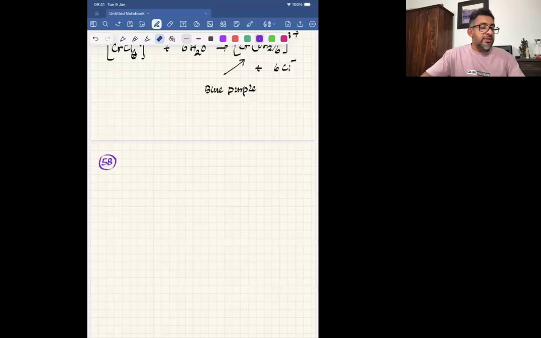C gas reacts with heated magnesium to form a white solid D. D reacts with water to give a gas E, which turns red litmus blue. When A is heated with sodium carbonate, then E gas was formed. When green color B was heated with basic hydrogen peroxide solution, it gave a yellow color solution of F.